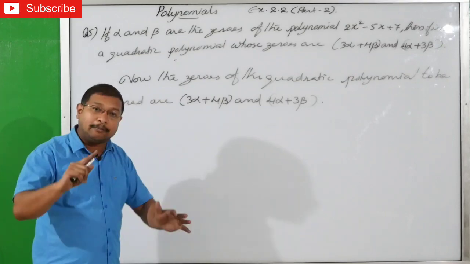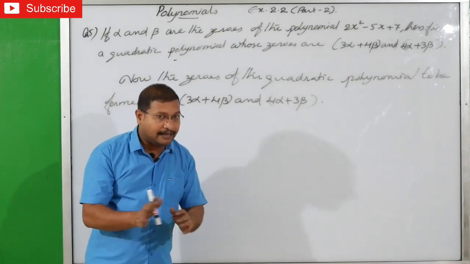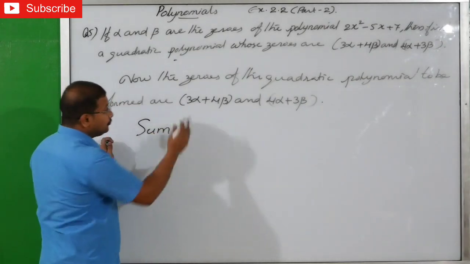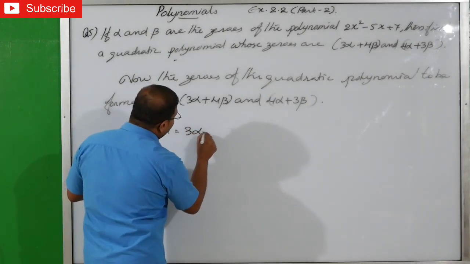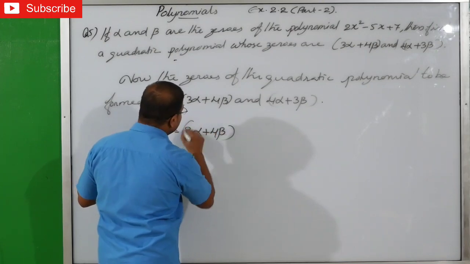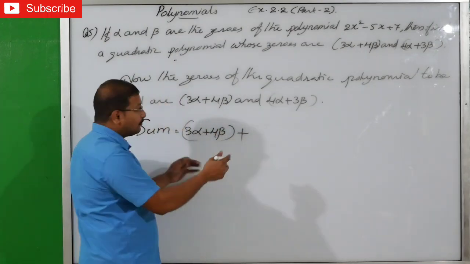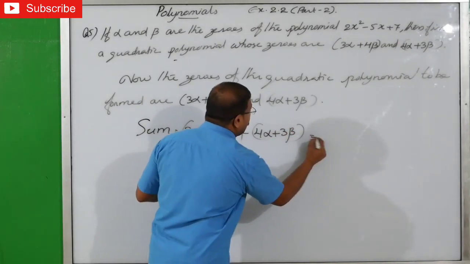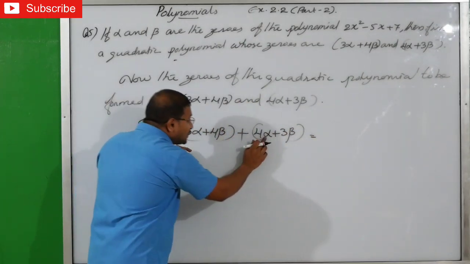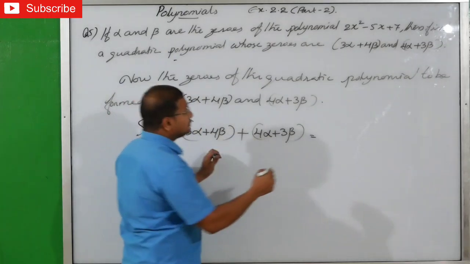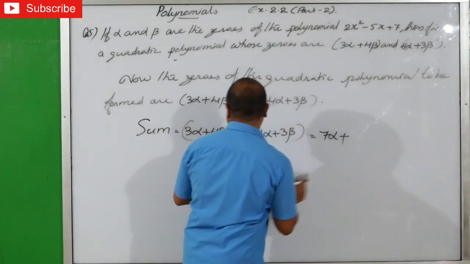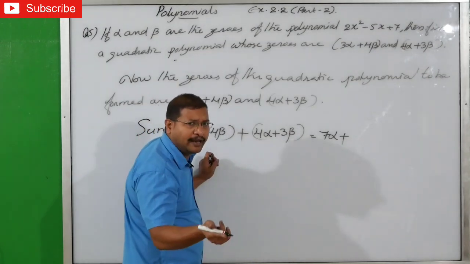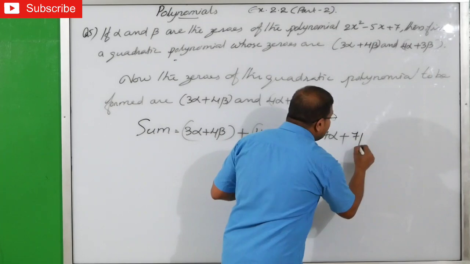So for the sum, we will add these two. Sum equals 3 alpha plus 4 beta plus 4 alpha plus 3 beta. 3 alpha plus 4 alpha, 3 plus 4, that is 7 alpha, plus 4 beta plus 3 beta, 7 beta.